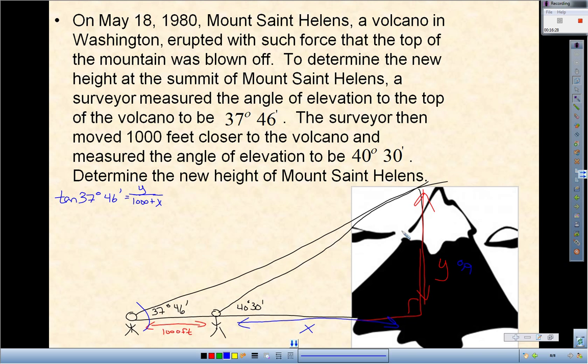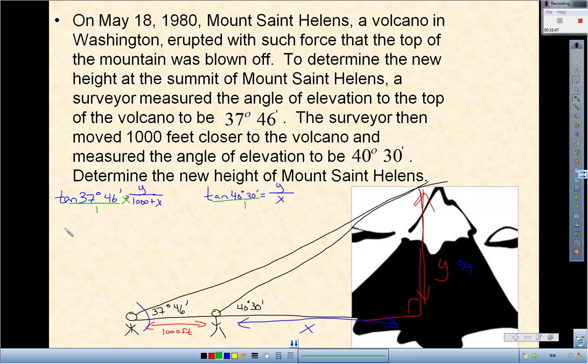Alright, now let's talk about the smaller one. Same thing, tangent of 40 degrees, 30 minutes would be opposite, which would still be y, but notice that this time the adjacent would just be x. Alright, what I'm going to do is cross multiply both of these.